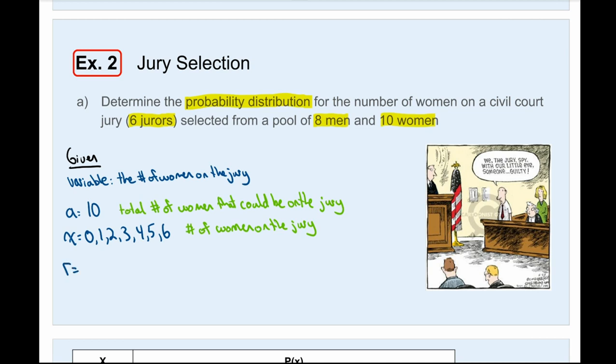R, the total number of trials, or dependent trials, in this case is 6, which represents the number of jurors, the number of people selected. And then N is going to equal 18, the total number of possible outcomes, which in this case means the number of possible jurors, which is 8 men and 10 women, so 18 individuals in total.